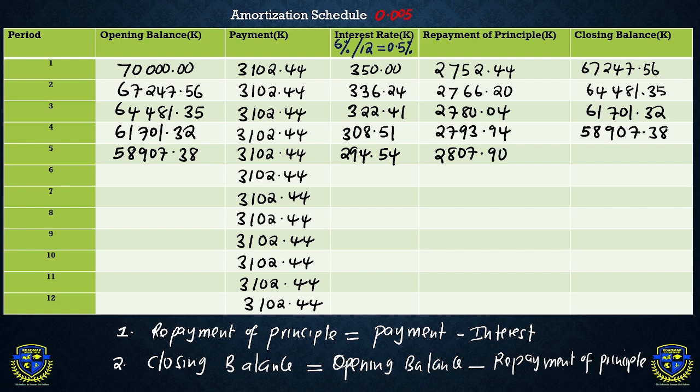Okay, the closing balance, of course, we have got the opening balance minus the repayment of the principal. Okay, what will be the closing balance? That will be 56,099.48.